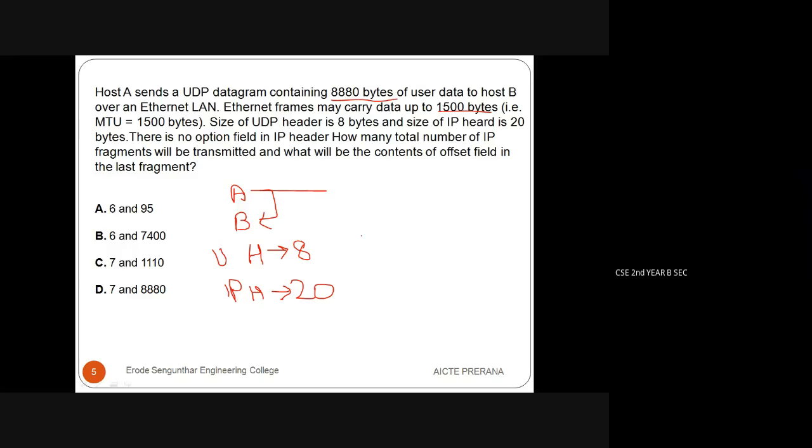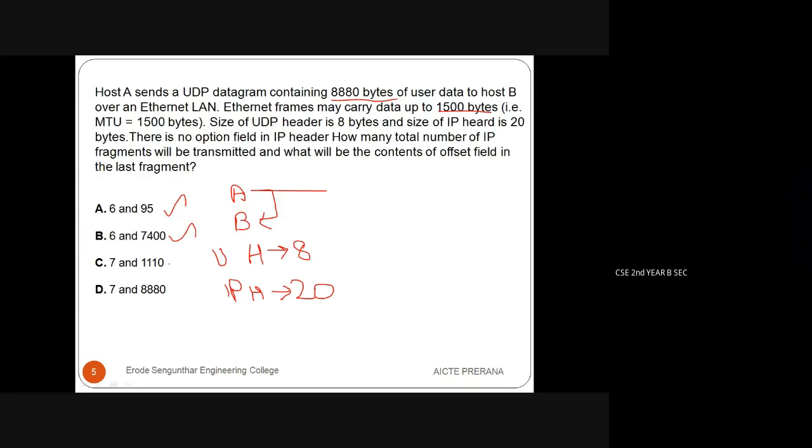The options given are 6 and 95, 6 and 7400 bytes, 7 and 1110 bytes, and 7 and 8880 bytes.